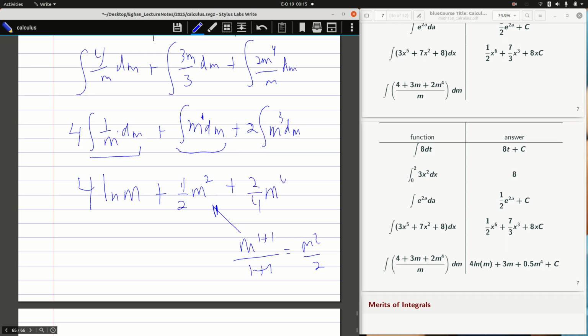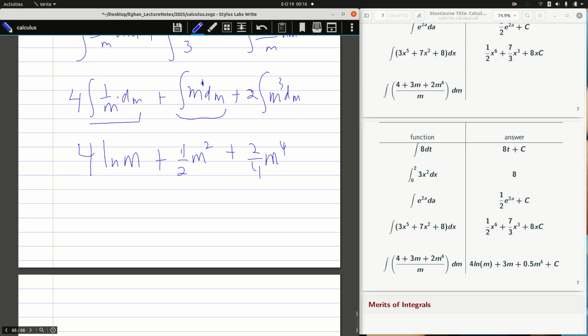The power rule for both integration and differentiation is not difficult, it is something simple. You can simplify further if you can, and this is how the examples are done, plus a constant of integration.